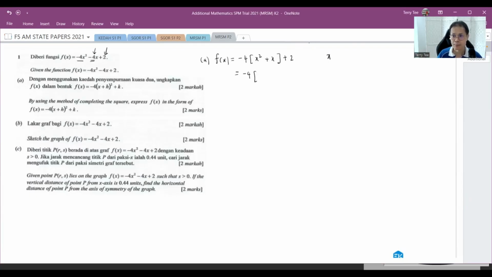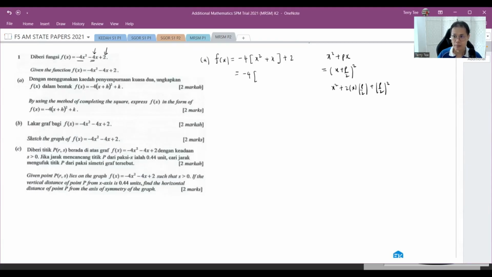And I hope you know that the technique of completing the square is this. If you have x squared plus bx, we'll take half of b, in this case b over 2, and we'll square it. Now, the thing is, when you square this, you have an additional term. This is 2ab and a b squared.